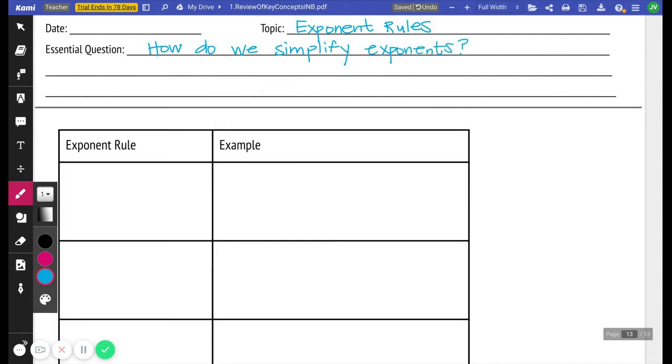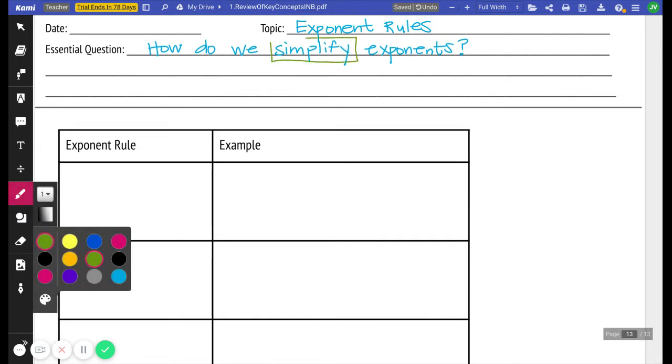Some rules on simplifying exponents. First of all, this word simplify, we want each letter, or each variable, to appear only one time in the result, and we want no negative exponents.